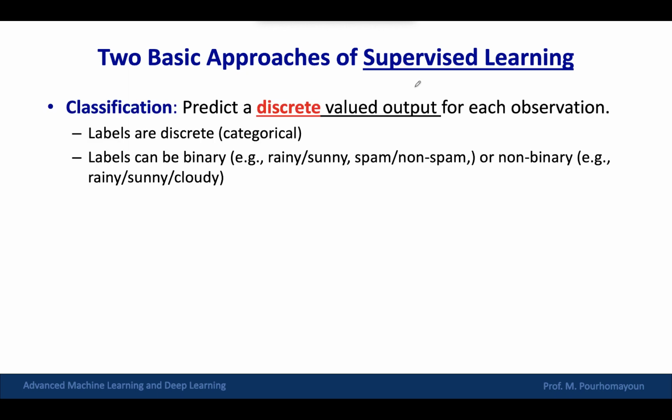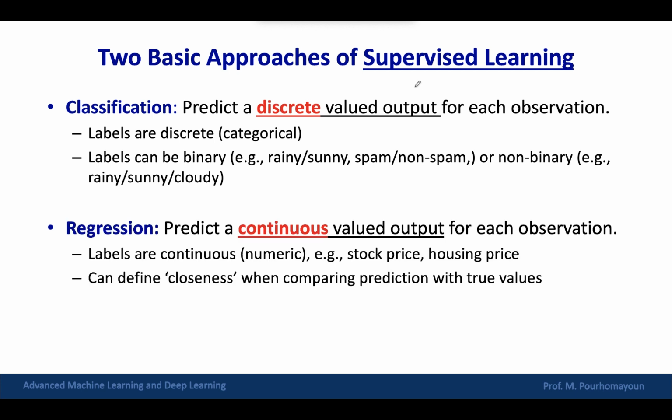All right, two basic approaches of supervised learning that we talked about last semester are classification and regression. This is very important to understand the difference between these two, so that you select the correct algorithm for your problem.